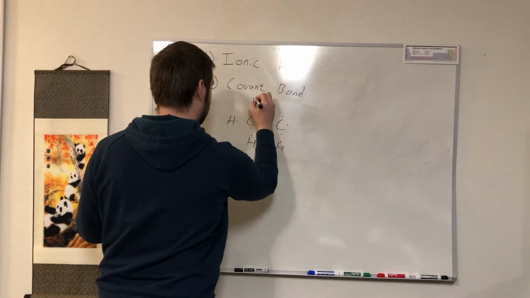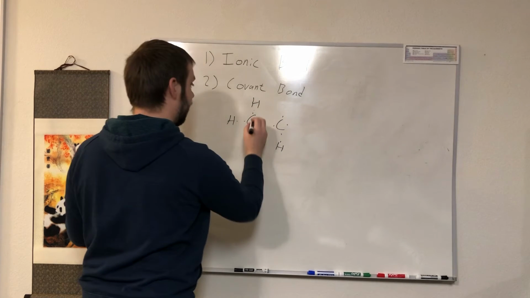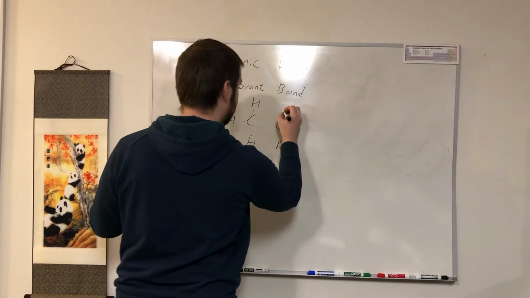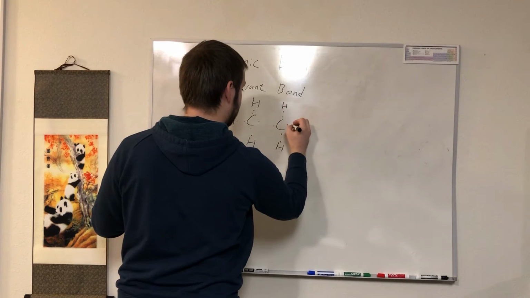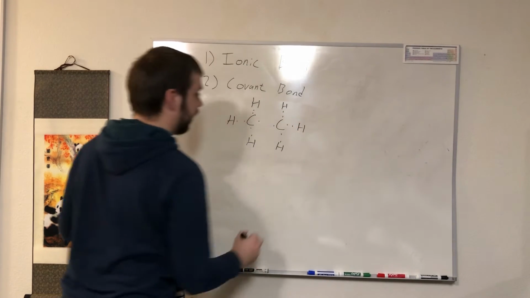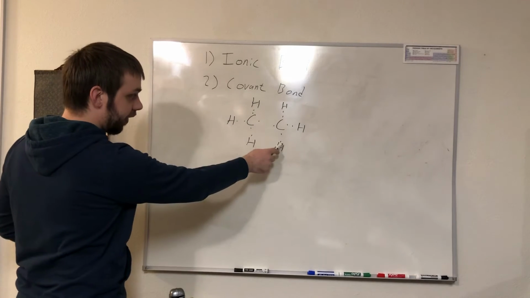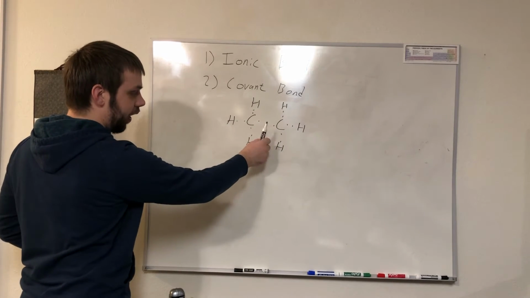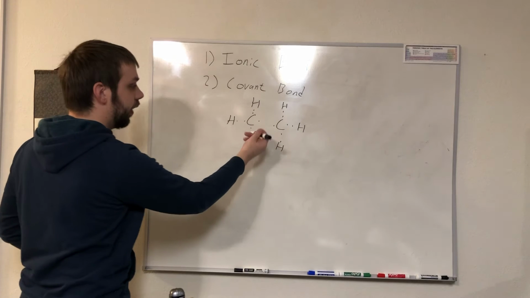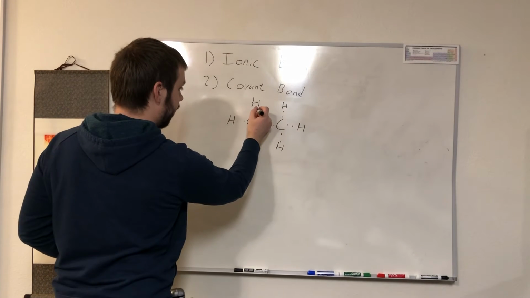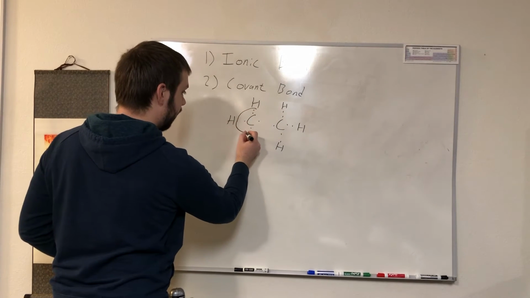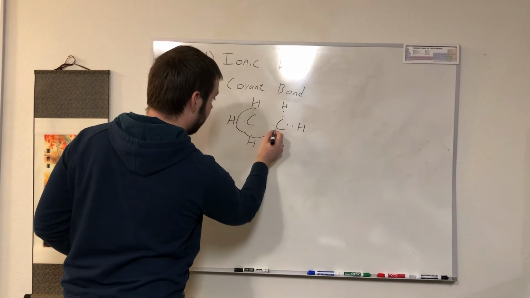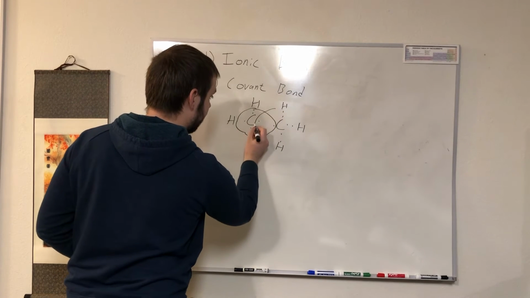I'm just going to draw these Lewis structures. I'm going to neglect drawing the lines for right now, and just draw the dot structure. You can see each of these carbons has 7 electrons by it if they're not bound to each other. But if they share, let's draw a circle around all the electrons.